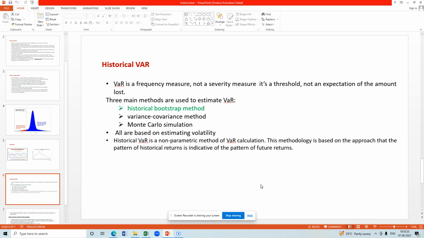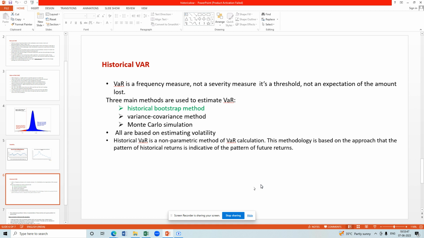Now remember one thing, that VaR is basically a frequency measure. It's not a severity measure, it's basically a threshold. And there are three methods used for computation of VaR: the historical bootstrap method, which is what we are looking at in this deck, the variance covariance method, and Monte Carlo simulation.